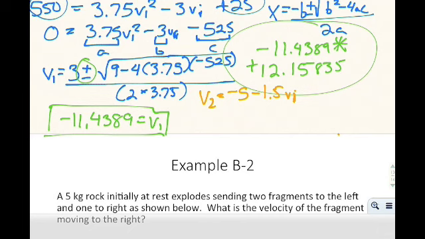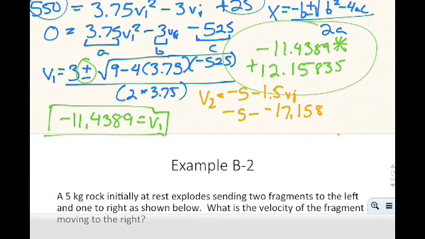So you say negative 5 minus 1.5 times V1. Remember, that's a negative number, so 1.5 times 11.4389 is going to be minus a negative 17.158.